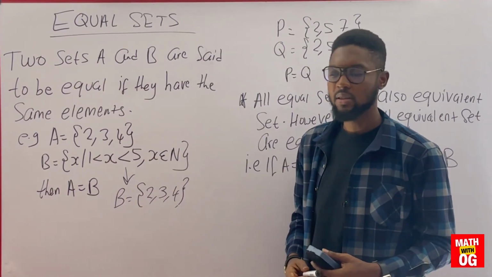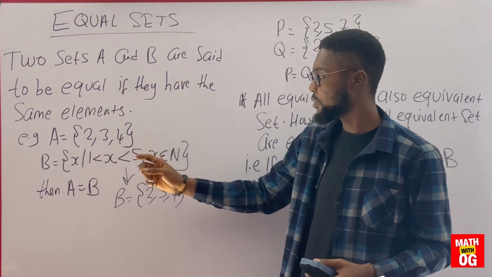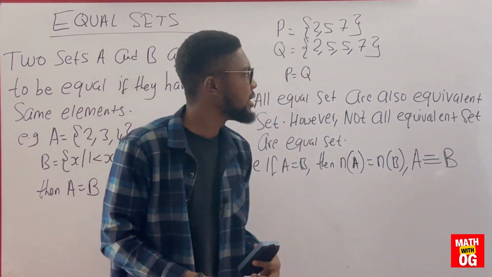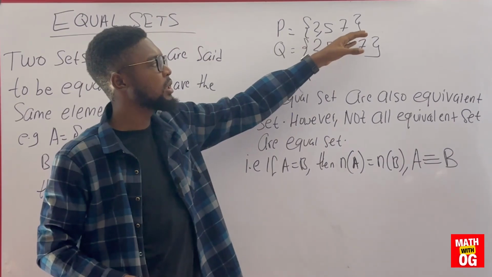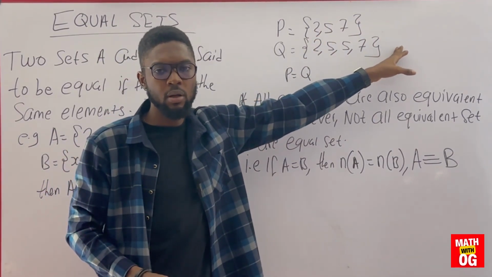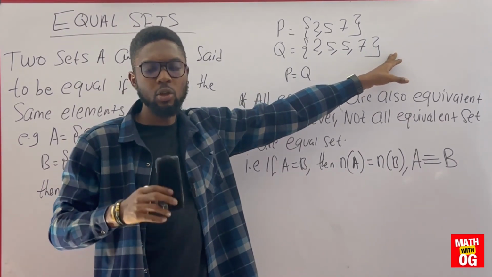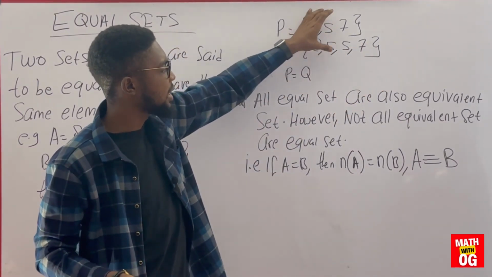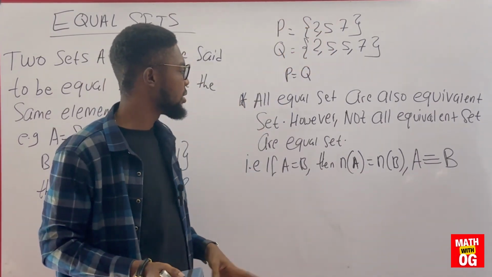Are they equivalent? Yes, because the cardinality here is 3 and the cardinality here is also 3. Similarly, {2, 5, 7} has cardinality 3, and {2, 5, 5, 7} has cardinality 3 as well, because we've agreed that cardinality is the number of distinct elements, that is 2, 5, and 7. So these two sets are equal, which means they are also equivalent.